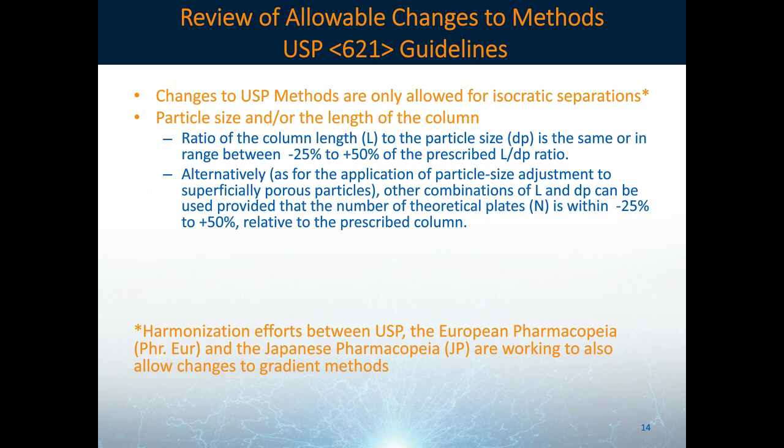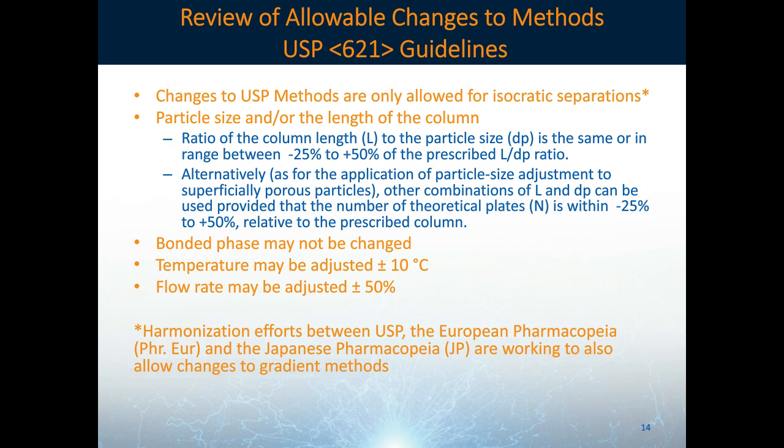Or you could do, for particle size adjustments to superficially porous particles, other combinations of L and dP can be used, provided that the number of theoretical plates is within -25 to 50% relative to the prescribed column. The bonded phase may not be changed. Temperature may be adjusted plus or minus 10 degrees C, and the flow rate may be adjusted plus or minus 50%.